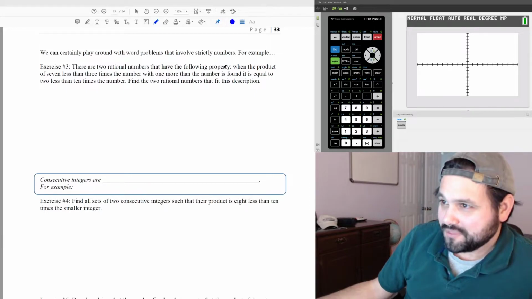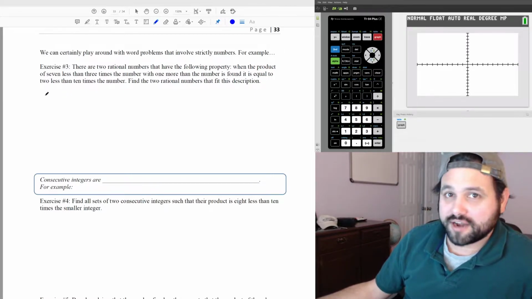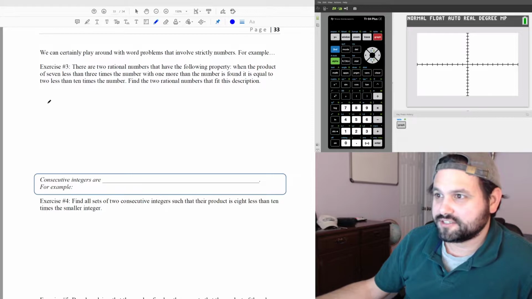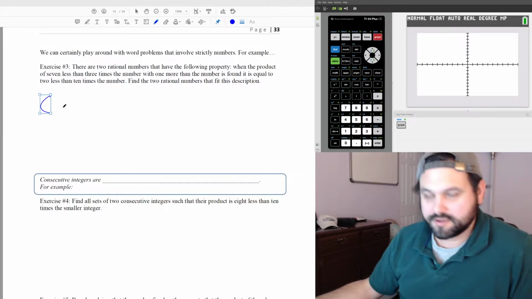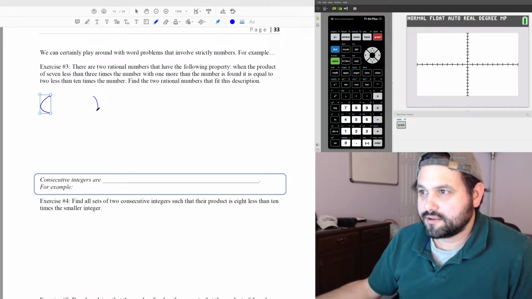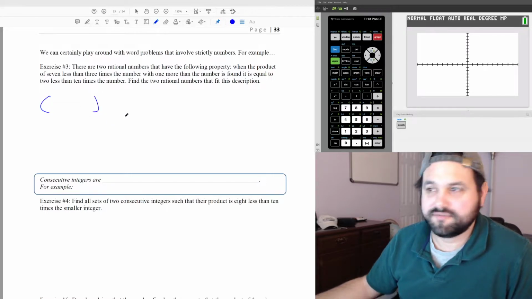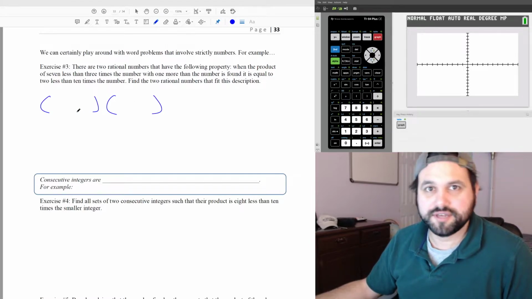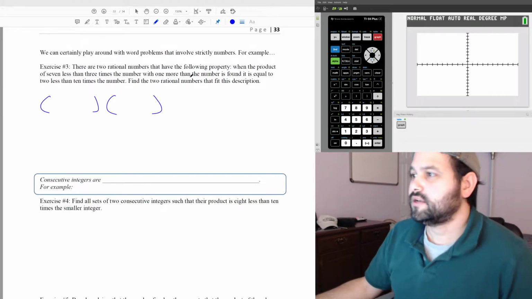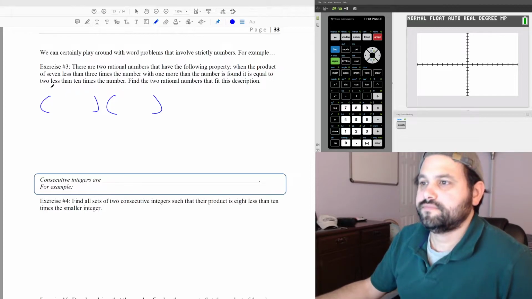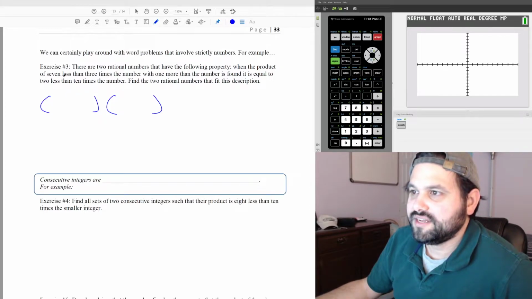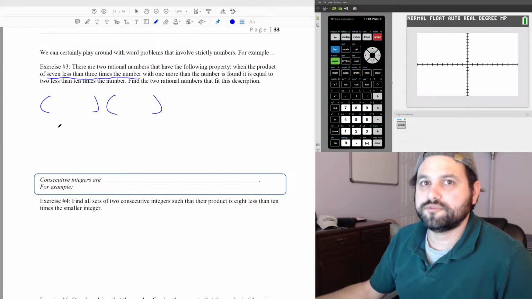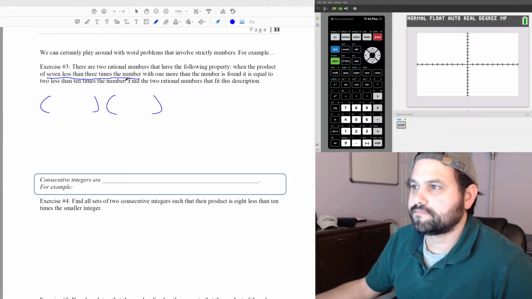Anyways, when the product means multiplying, right? So I'm going to start by creating a set of parentheses because I'm going to multiply these 2 things, okay? So when the product of 7 less than 3 times the number, I don't know what the number is, that's going to be x, okay?